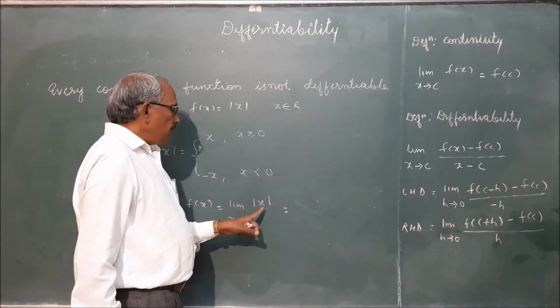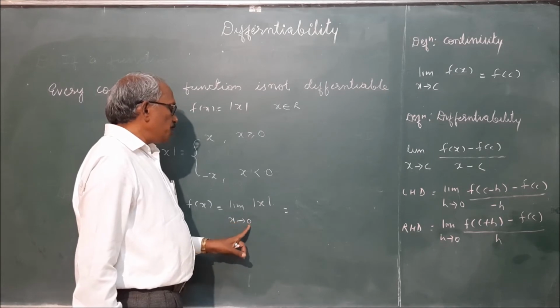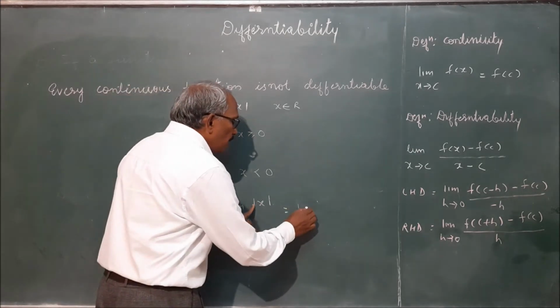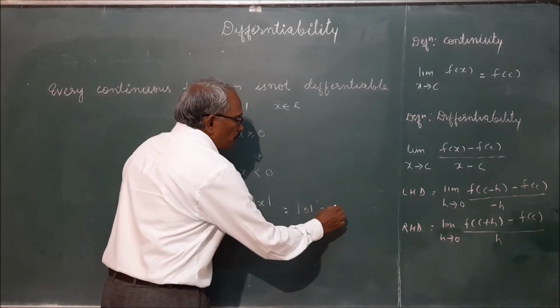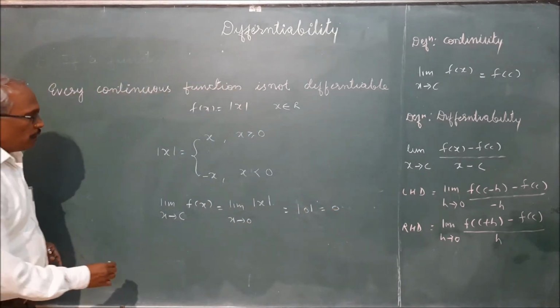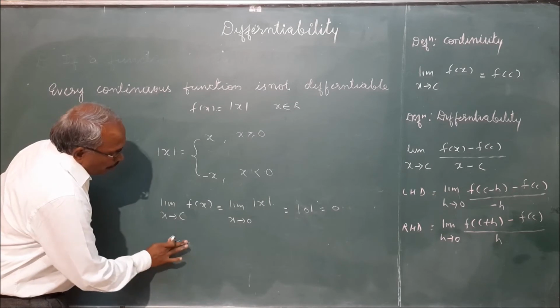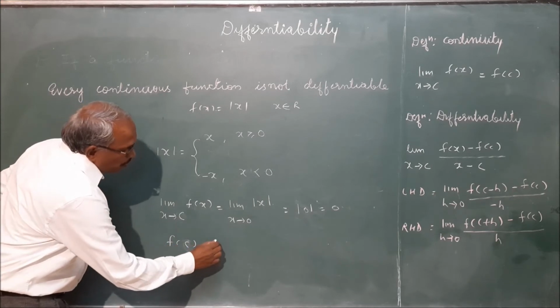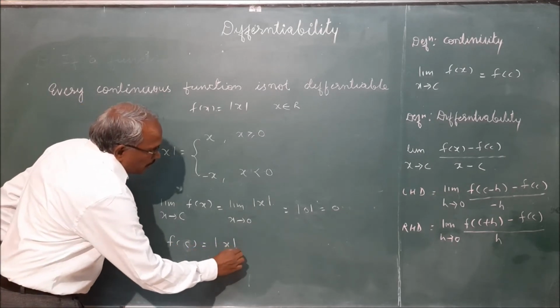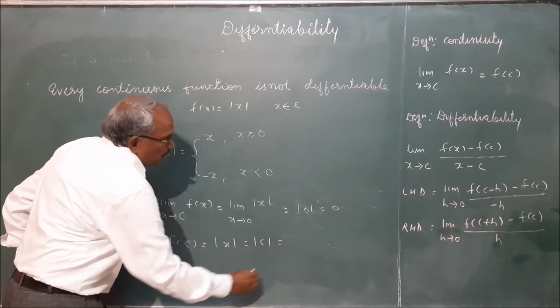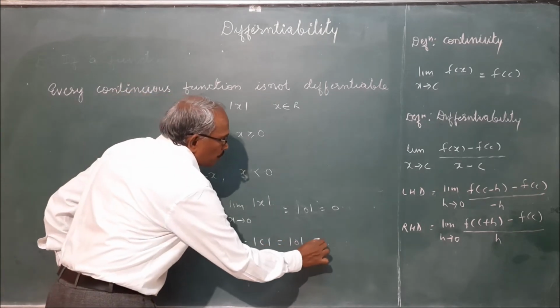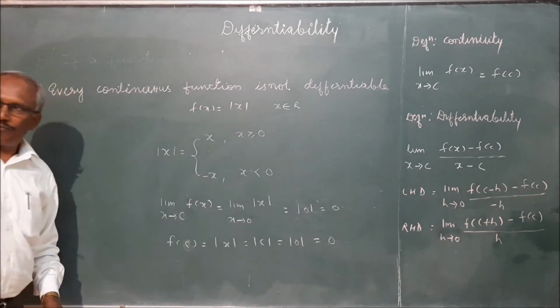To calculate the limit of mod x as x tends to 0, we put x equal to 0, so this is 0. Now we calculate f(c), which is mod of c, and c is 0, so this is equal to 0.